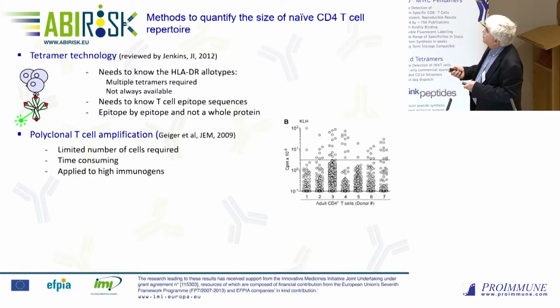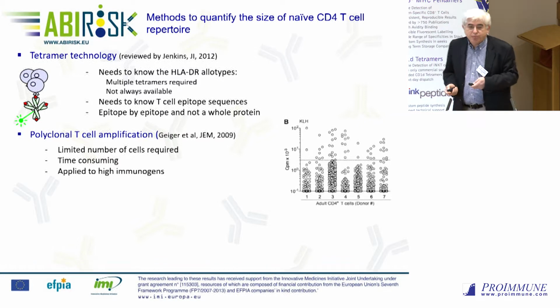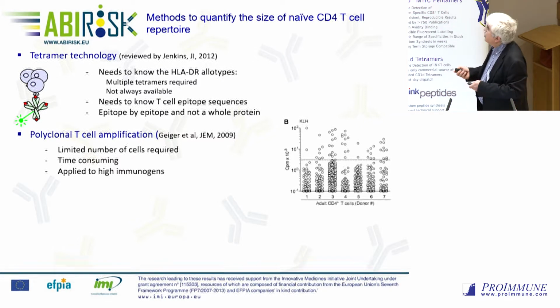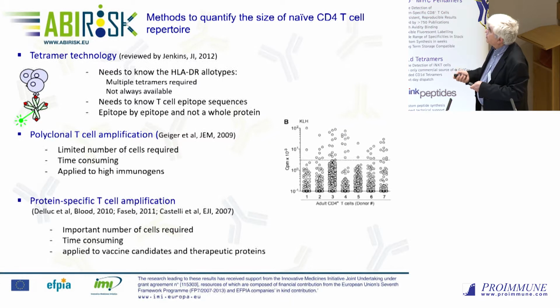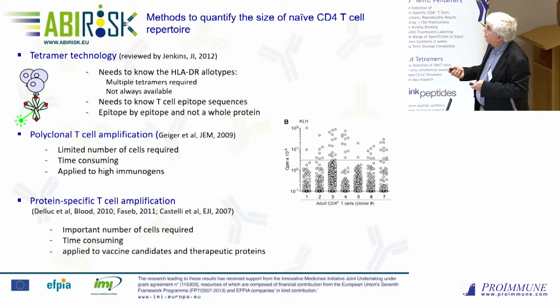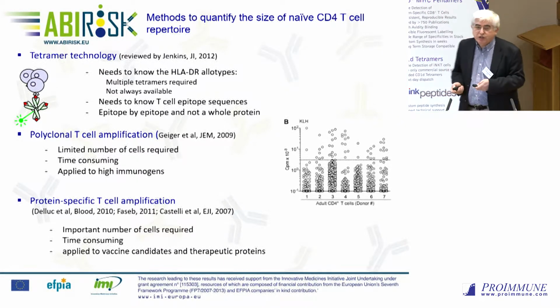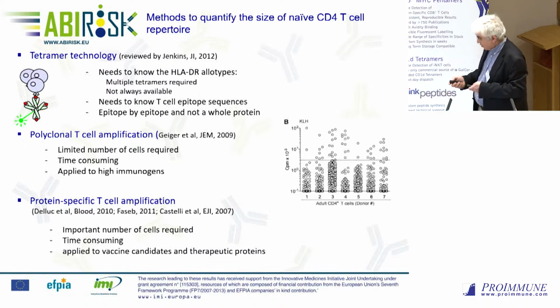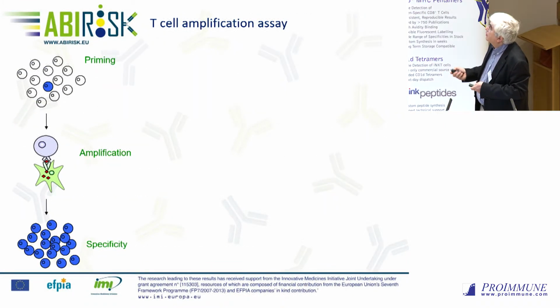Another possibility is to use the technology developed by Federica Sallusto, but it has been applied to high immunogens only, and they cannot detect for low immunogens. And the last one is what we did in my lab, what we call the T-cell amplification assays, that I will detail in the next slide.